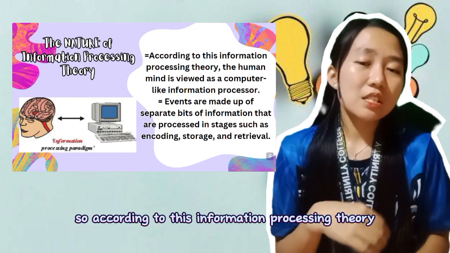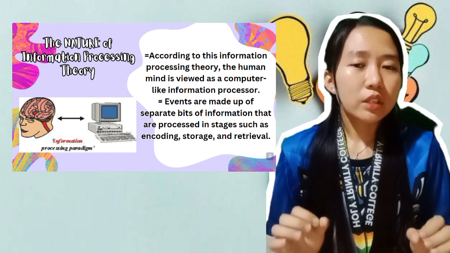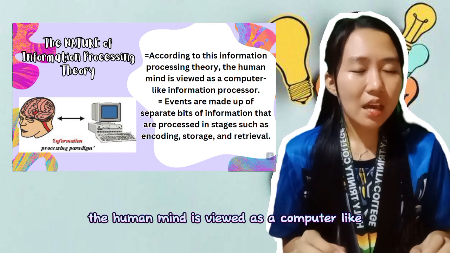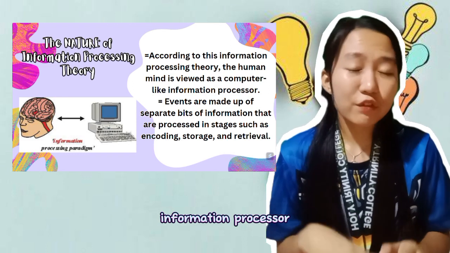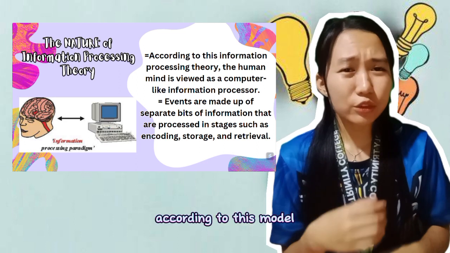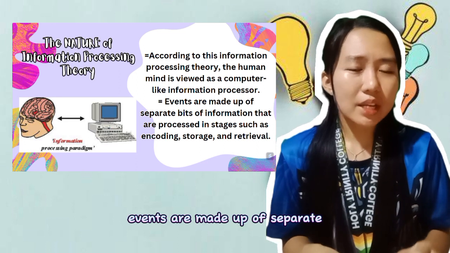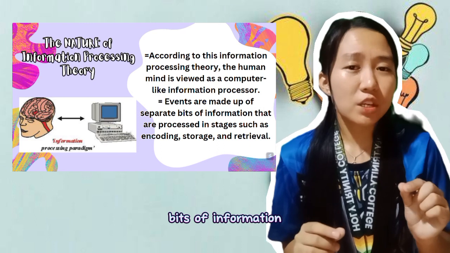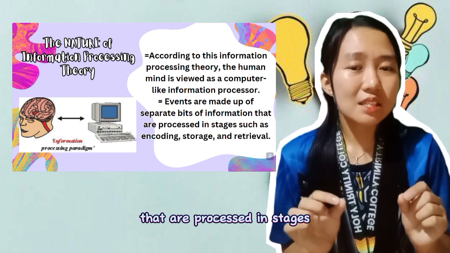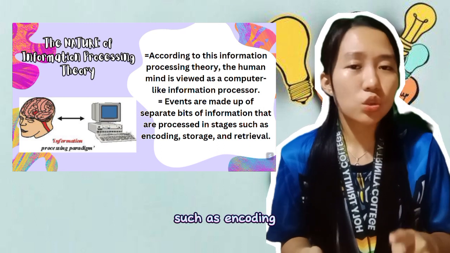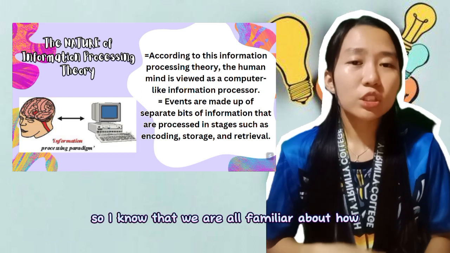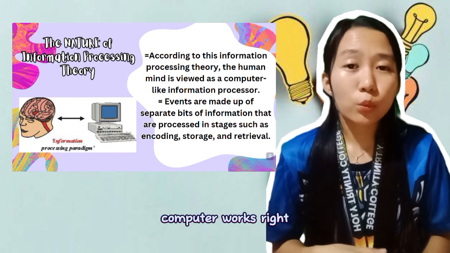So now, here's the nature of IPT. According to this information processing theory, the human mind is viewed as a computer-like information processor. According to this model, events are made up of separate bits of information that are processed in stages such as encoding, storage, and retrieval. I know that we are all familiar with how a computer works, right?